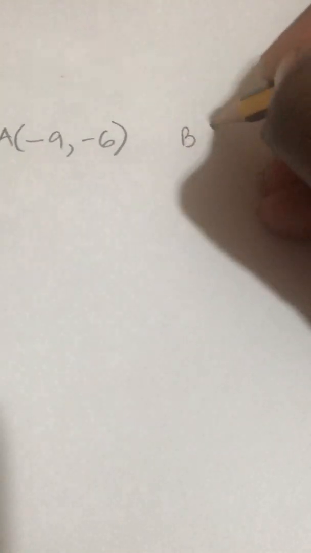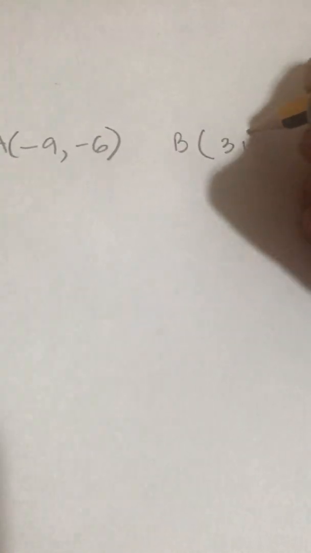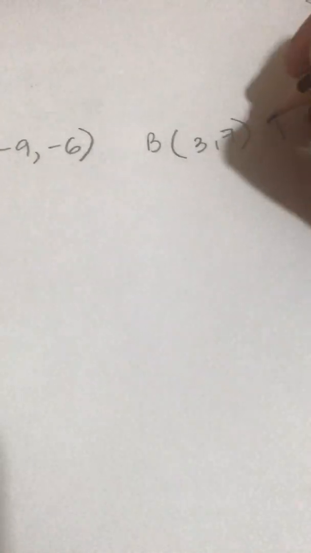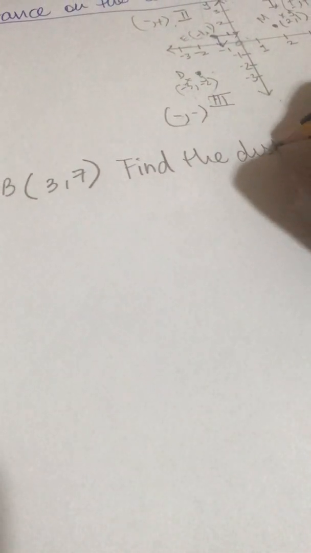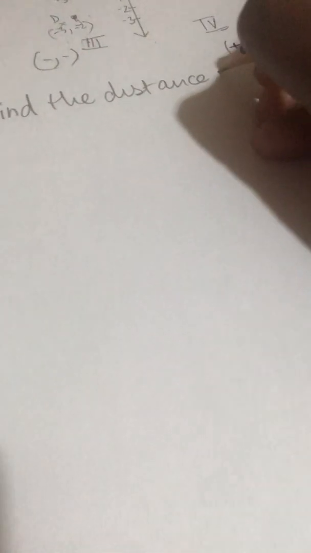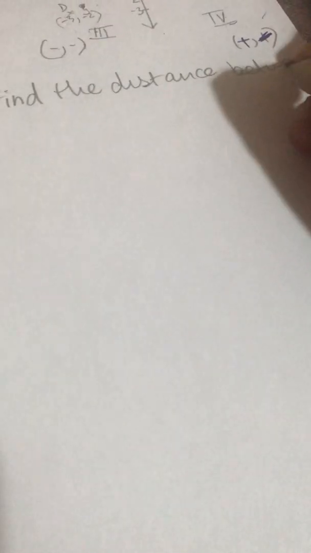And we know that B is (3, 7). And the question says find the distance between the 2 points.